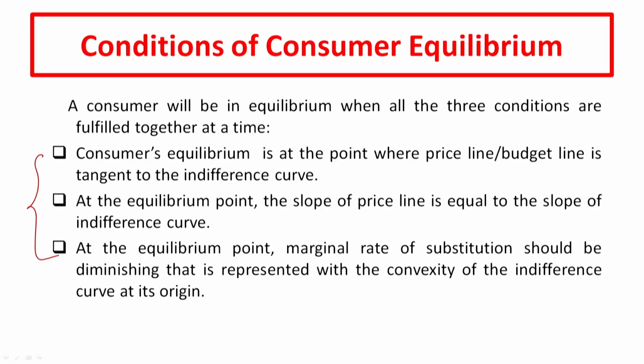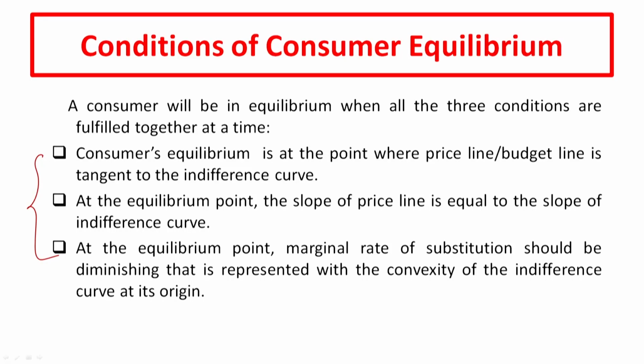If only one condition is satisfied, other two are not satisfied, or if two are satisfied, other one is not satisfied, consumer will not be in equilibrium. All these conditions are must conditions for a consumer to be in equilibrium.